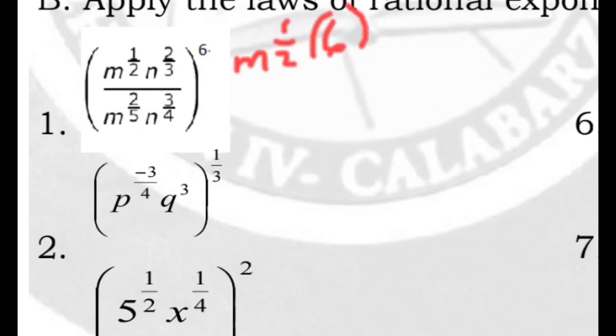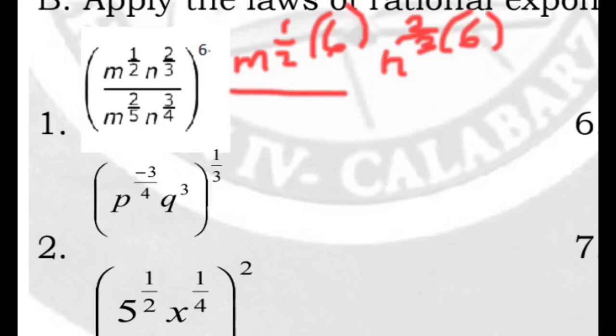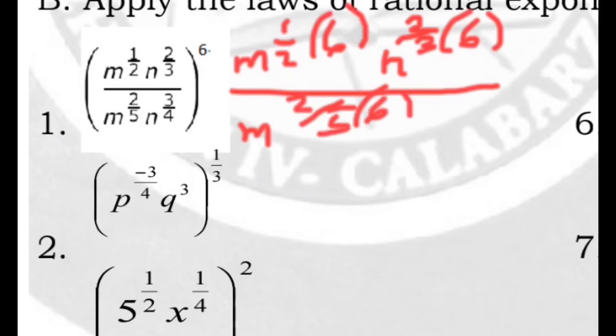This is applying power of a power. Then this is times n to the power of 2/3 times 6 over m to the power of 2/5 times 6 times n to the power of 3/4 times 6.